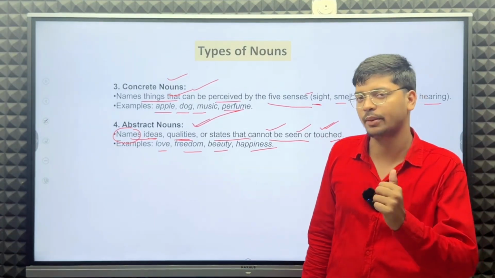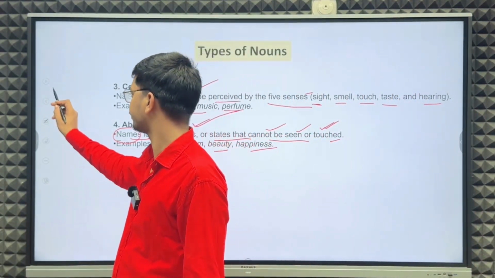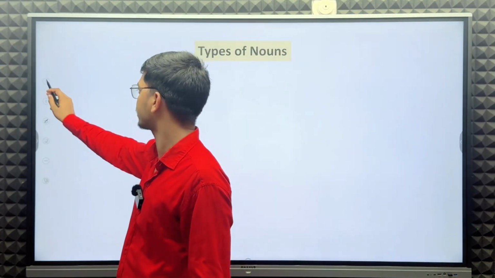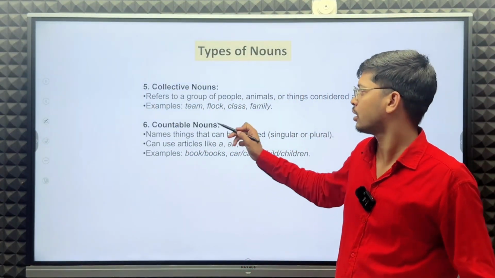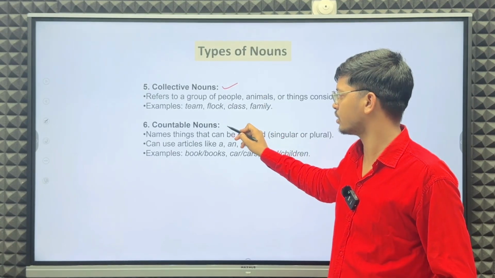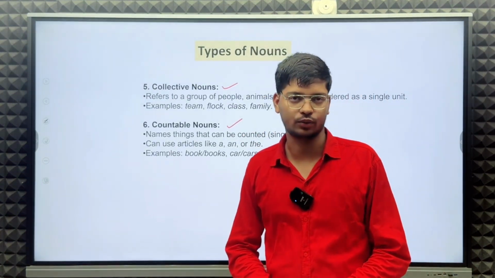So let's see our next types of nouns. The fifth type is collective nouns and the sixth is countable nouns.